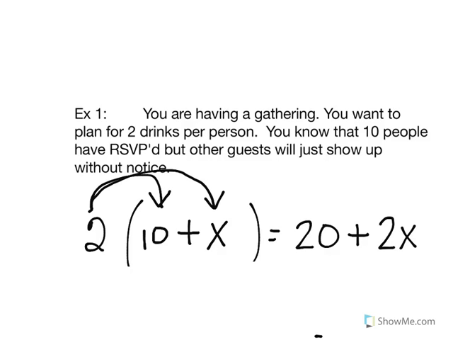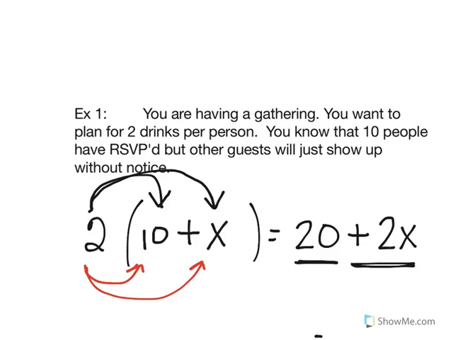I don't know still, but I can say 2 drinks each. Now this may not look simpler, but what we've done is we've simplified this. We need 20 drinks plus 2 drinks per person. When we talk about distribution, what we're talking about is the passing out of this multiplication across other terms.